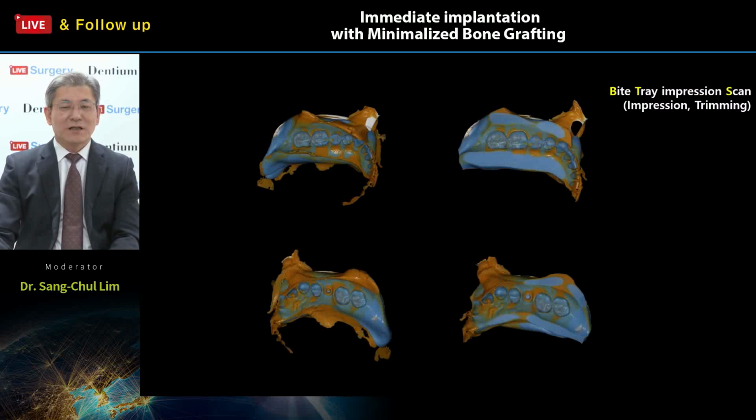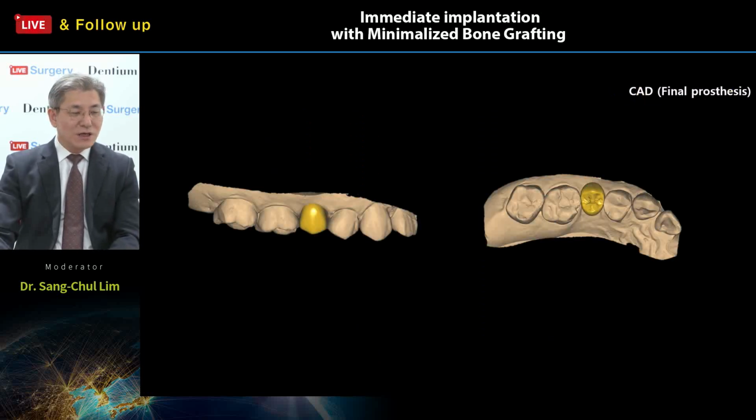Before making the final restoration, we have to do an impression using this BTS scan, BTS technique. Take an impression with a bite tray, do the trimming, and scan with the model scanner. We can get the final process like this one.